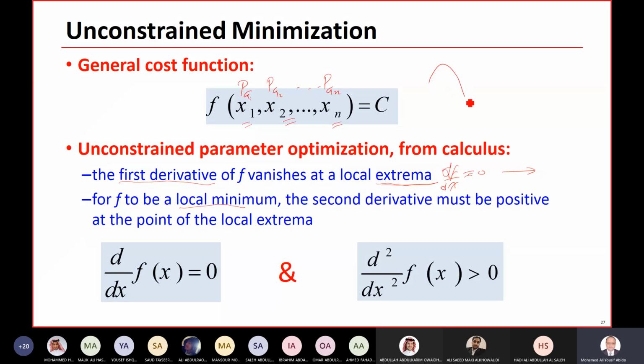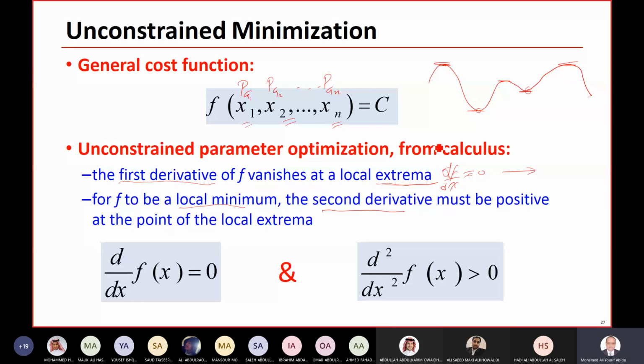You have a function and this function is as such. So this is local minima, this is local maxima, this is local maxima, this is local minima, this is local maxima, and so on. These are extrema points. All these points are extrema, but if the second derivative is positive, then we are talking about these points, the minima.